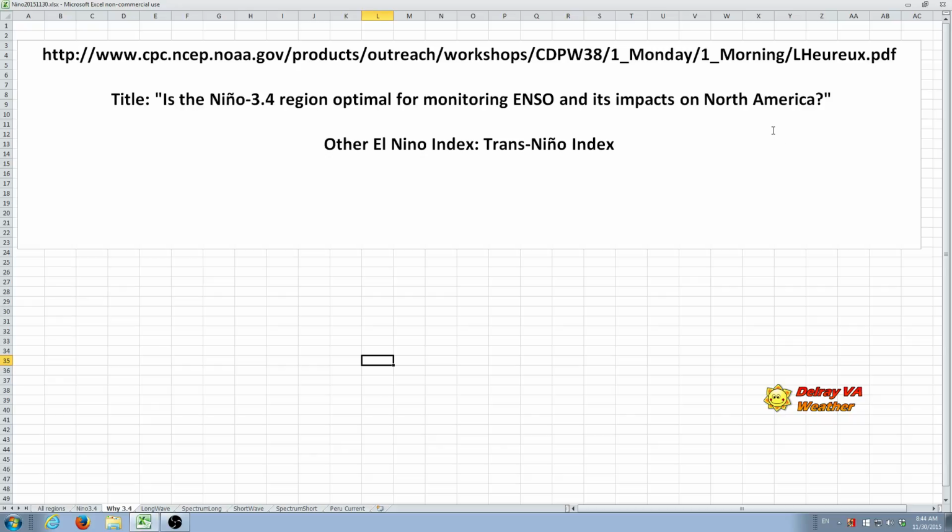So that's, I think, the reason why they limited it only to 3.4. And I couldn't find anything on why they didn't choose Nino 1+2, which was the original El Nino region.